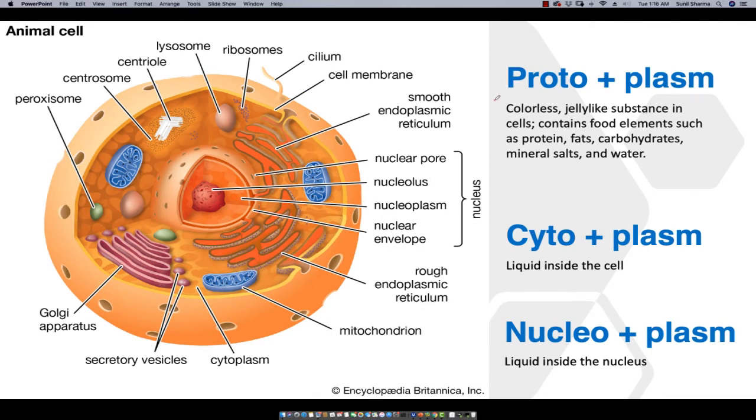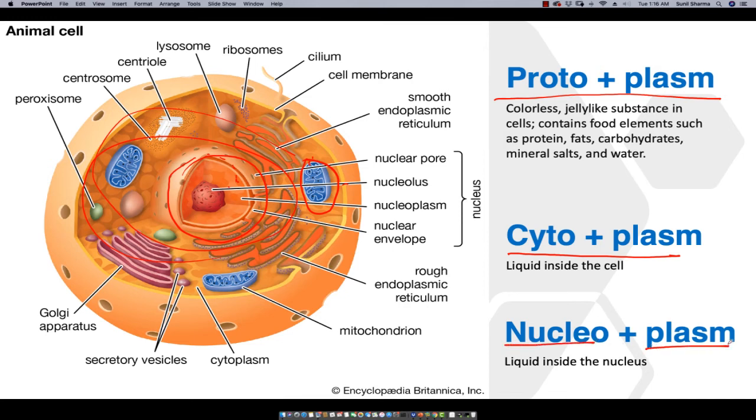Now, protoplasm is subdivided into two areas. One is cytoplasm. So while this whole thing is protoplasm, where the organelles are held is what we call cytoplasm. The liquid inside the protoplasm that's inside the nucleus is called nucleoplasm.